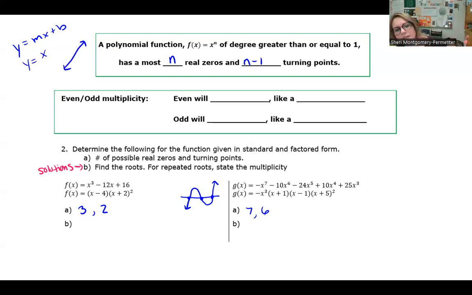Okay, so even and odd multiplicity, another way to think about this is repeated roots or repeated solutions.